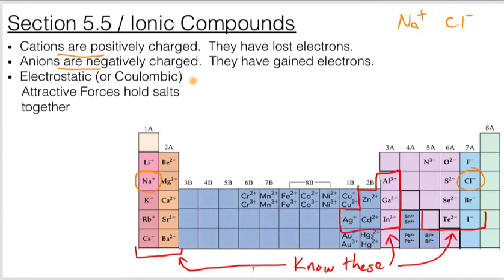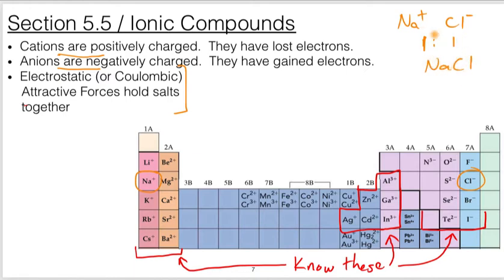So in our universe, for whatever reason, positive and negative are just attractive to each other, and so they just naturally cluster together. And they don't just cluster together randomly. That's important to note. These things always cluster together in a very specific ratio, and for sodium chloride, it's a 1-to-1 ratio. The reason is that the charges are equal and opposite.